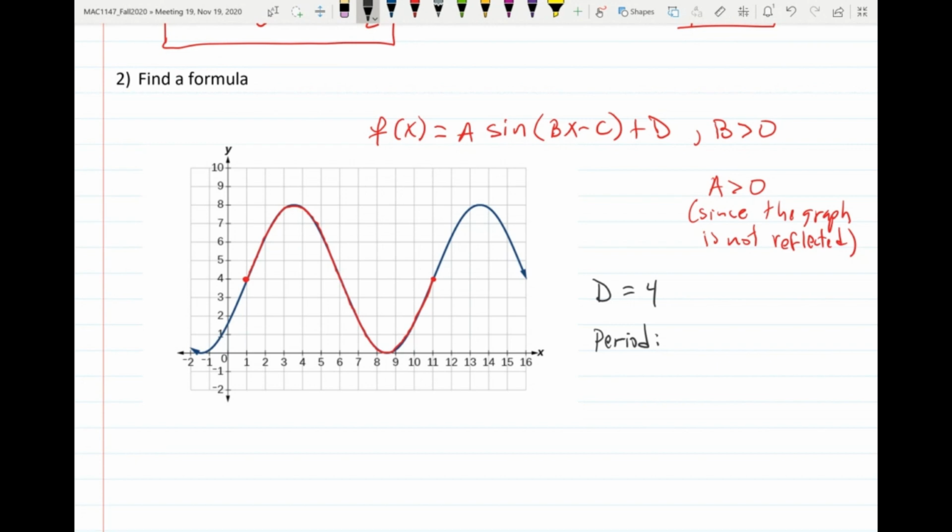Remember what it means to talk about the period. That's the length of your cycle. So what's the length of the cycle? From where to where does the cycle go? That's the reason why we pick this one instead of the cosine, for example. Where does the cycle begin and where does it finish?